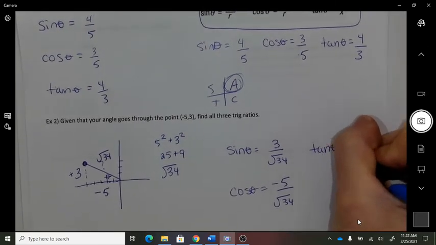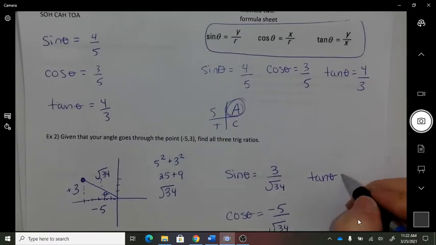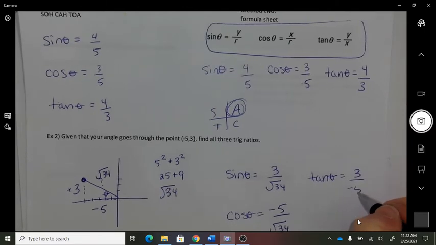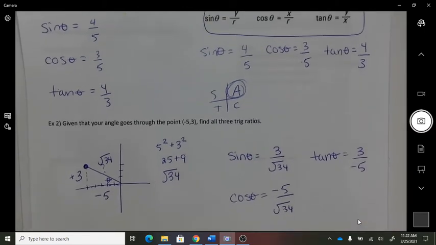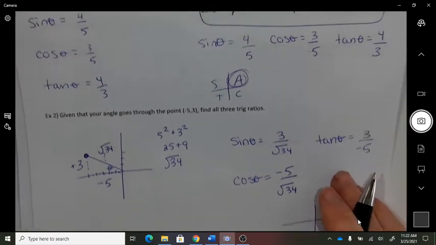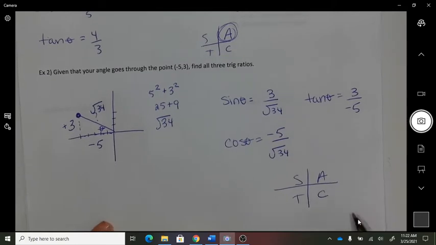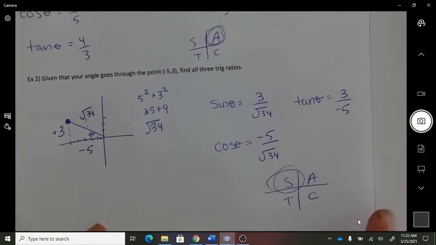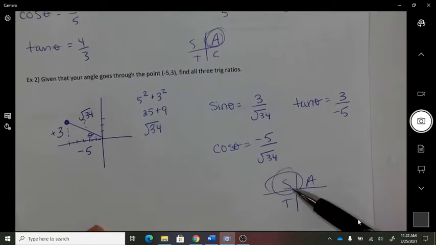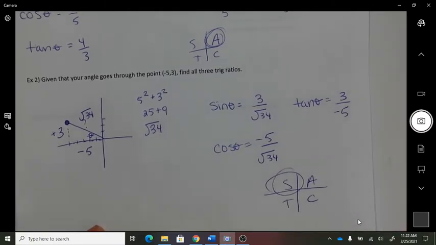And the tan formula says to take the y divided by the x, so 3 divided by negative 5. Let's check our answers. In the ASTC, this is in quadrant 2, so sine should be a positive number, and the other two should be negative numbers, which they are.